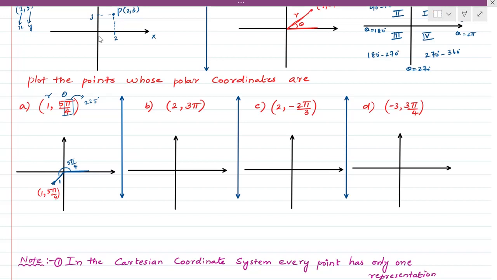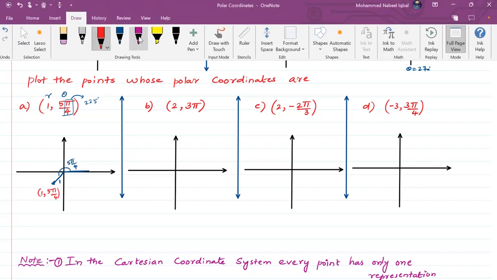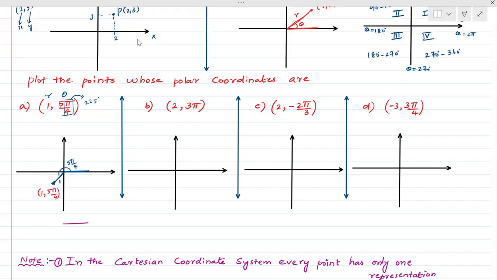If you write it without the axes, it should look like this, because r is 1. This is the angle formed, 5 pi over 4, and r is 1, therefore it is 1 comma 5 pi over 4.